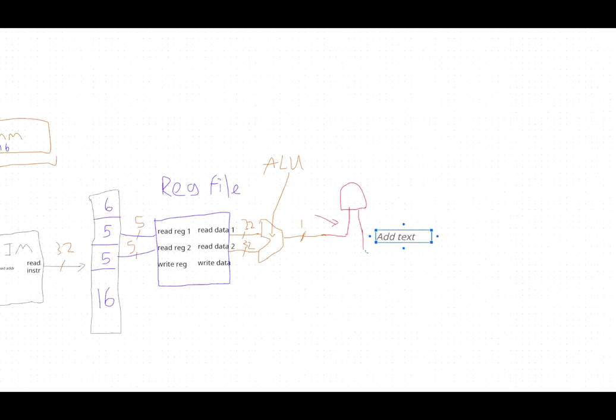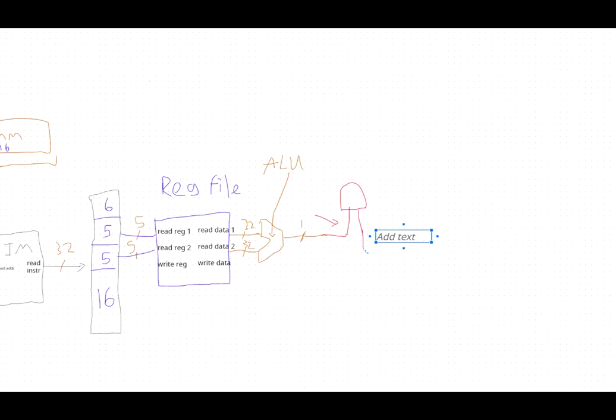It's a multiplexer? Yeah, because you check if it's 0 or 1. And if it's 1, you continue with the next instruction. Otherwise, if it's 0, you, no, wait a second.